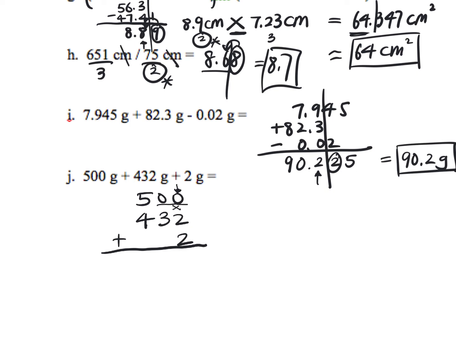No, they are trailing zeros without a decimal point. So I know I need to end on this digit for my significant figures. So if you type everything in the calculator, it's 934. Because of this measurement, we need to end on the 100 place, right? So I will round it up to 900 grams.